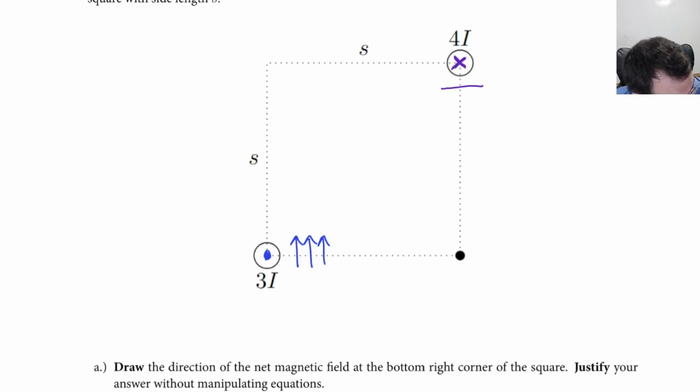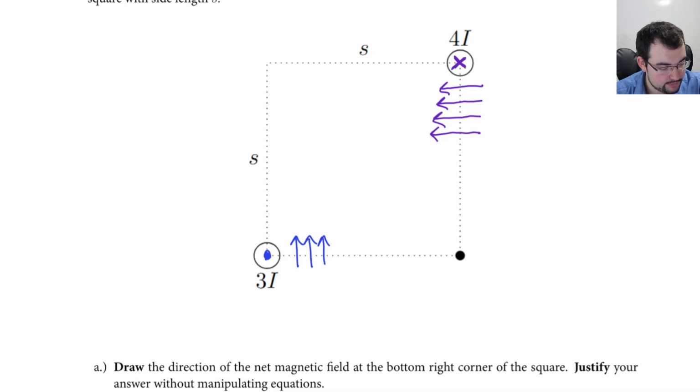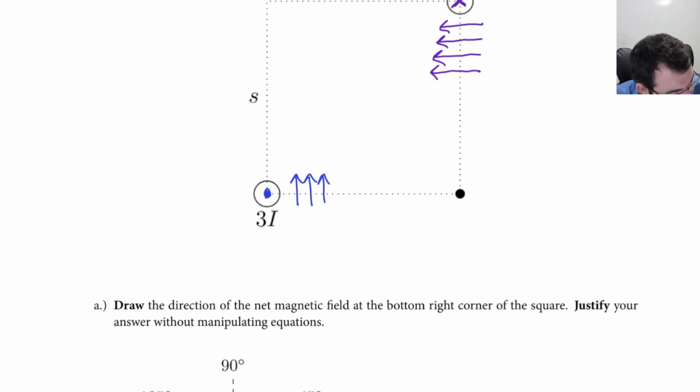So you're essentially giving 4 magnetic field units to the left. So we effectively have 4 horizontal pushes and 3 vertical pushes. So we're going to get something like this, where we get B from the 4I, then we get B from the 3I, and then our B net, of course, is going to be the slant.